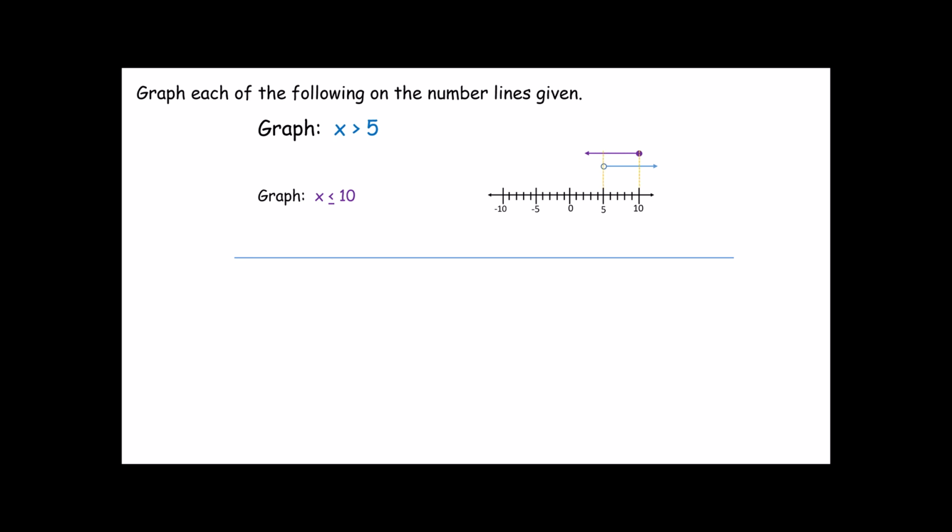Notice that if I were to draw some vertical lines through the dots or the endpoints of these two inequalities, I've essentially divided my number line into three sections, 1, 2, and 3.